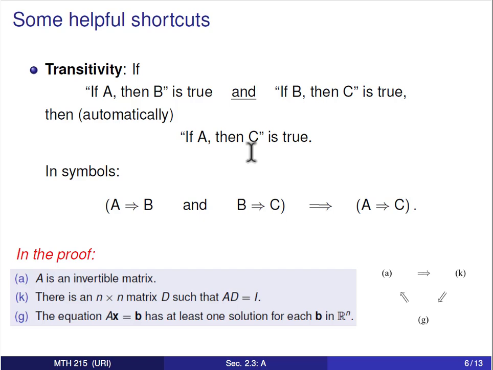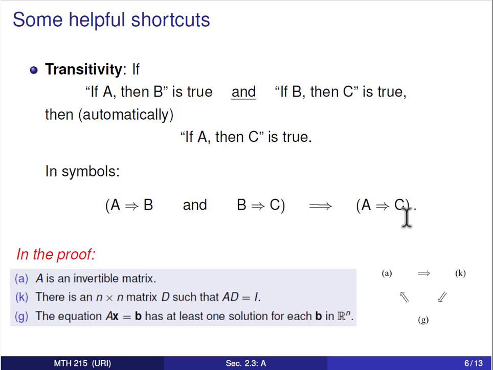All right, in math we like to use symbols to shorten things. A implies B means pretty much the same thing as if A, then B. B implies C means the same thing as if B, then C. And what we're saying is that if both of these statements are true, then you can conclude, or what is implied, is the statement A implies C. Okay?